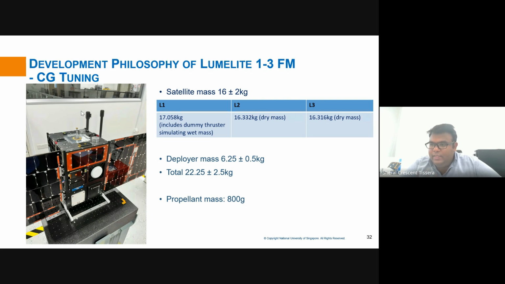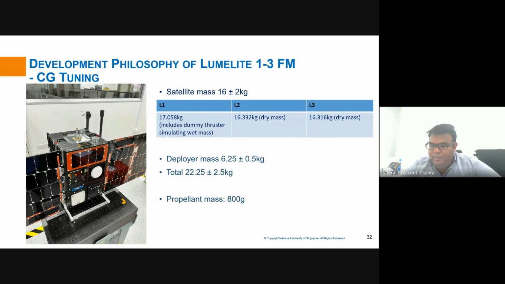So ADCS will either align the thrust vector in the positive direction of the velocity or the opposite direction of the velocity, depending on the maneuver requirement, before we actually fire the thruster. So this is how the ADCS is involved in the operation of the propulsion system.